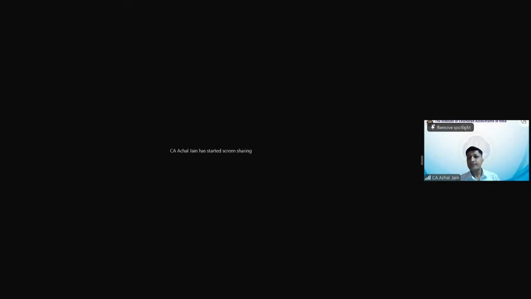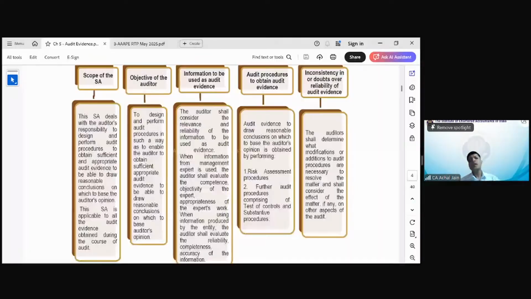Now, in respect of this audit evidence, what will become the basis for picking up various items? Various items means various areas, and performing different types of audit procedures. See, that will all be an outcome of the assessment of various planning activities, or the planning which the auditor would have done.